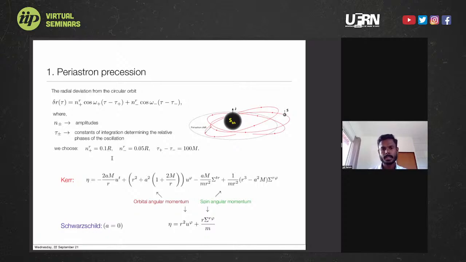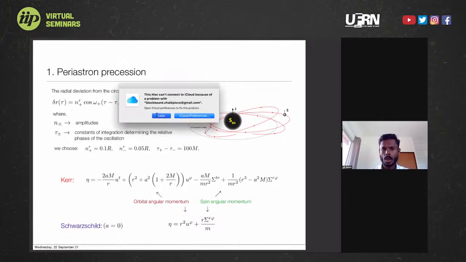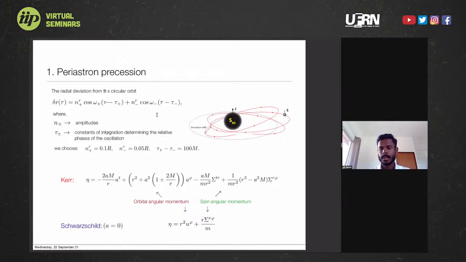Now, because our system has two characteristic frequencies, omega plus and omega minus, the apastron and the periastron of the spinning particle orbiting the Kerr spacetime reach different minima and different maxima after every revolution. This comes from this expression, which I will show in a more proper plot in the next slide.